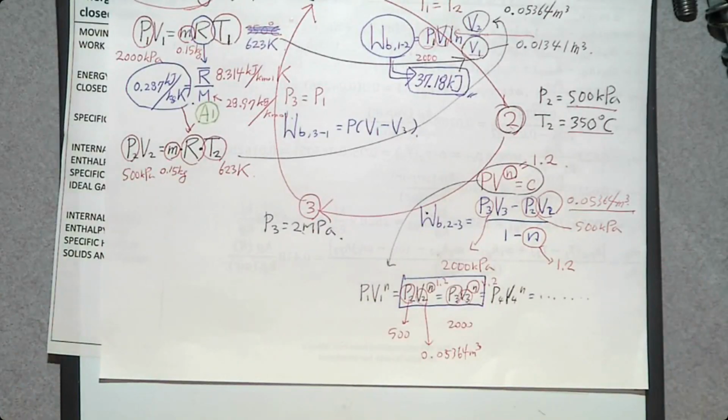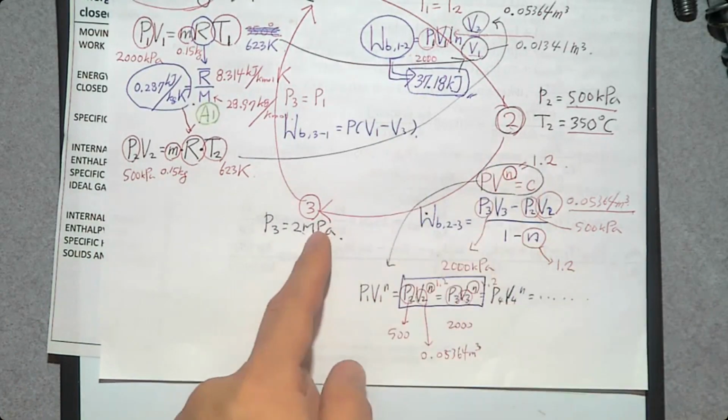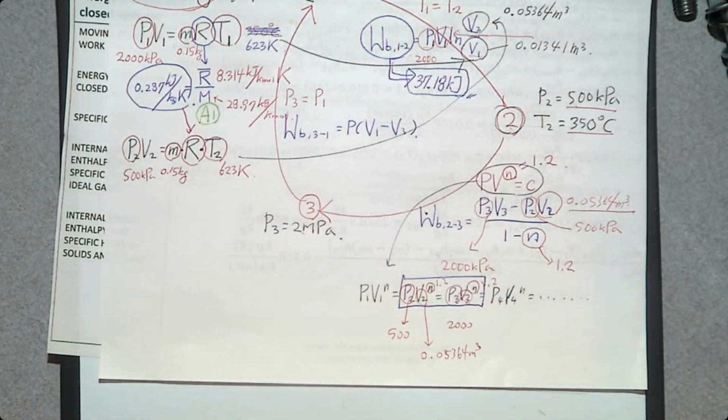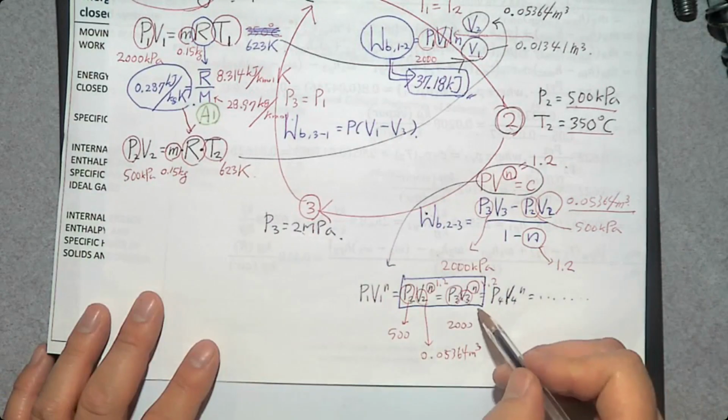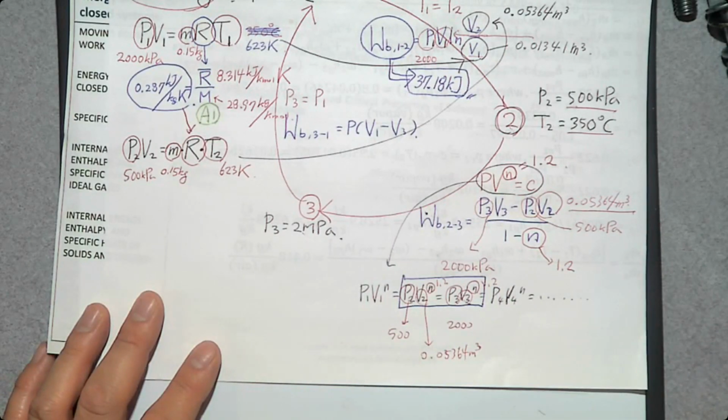As long as this is a polytropic process, we can use PV to the power n is constant at state number 3 and state number 2, because that is the relation between number 2 and number 3. And from here, you can determine V3.